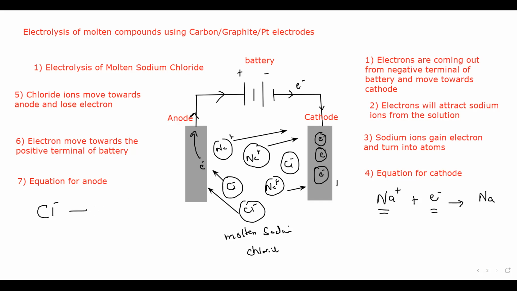So if it is losing electron, we write minus e, because plus means it is added, and if electron is removed, we write minus. So Cl minus e, and it turns into a chlorine atom.